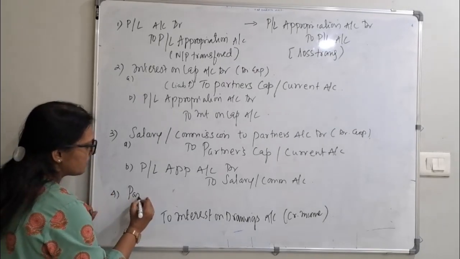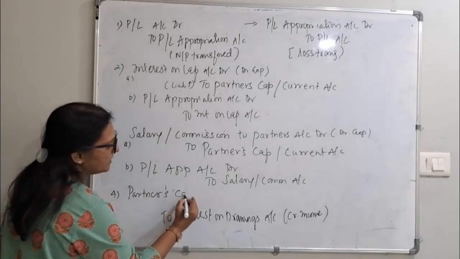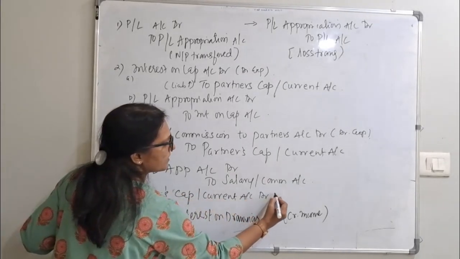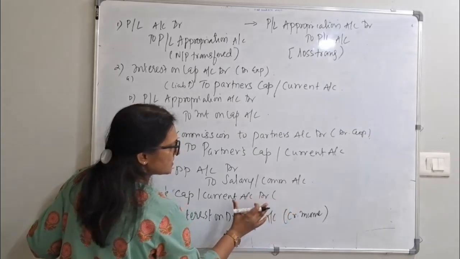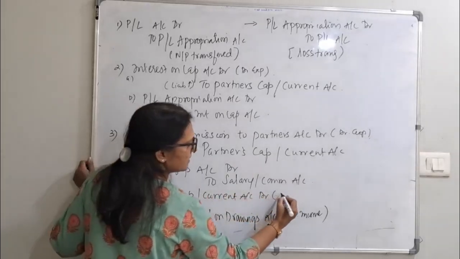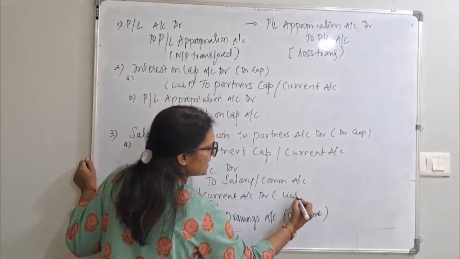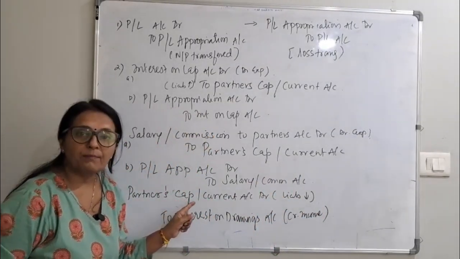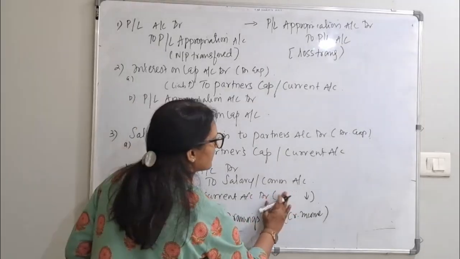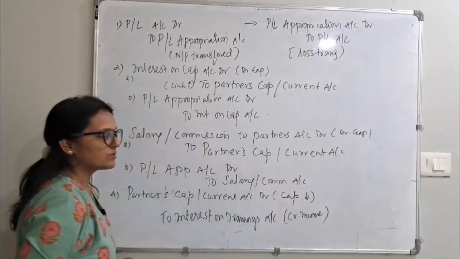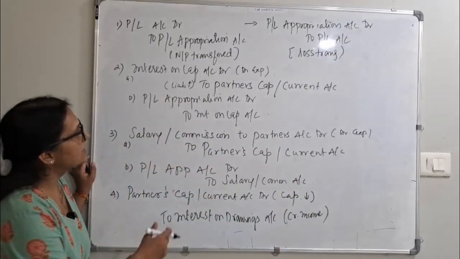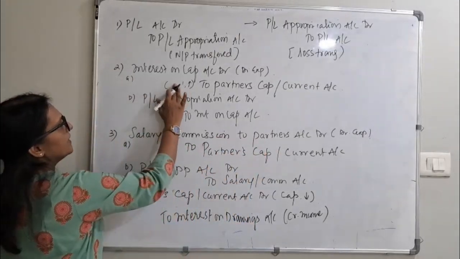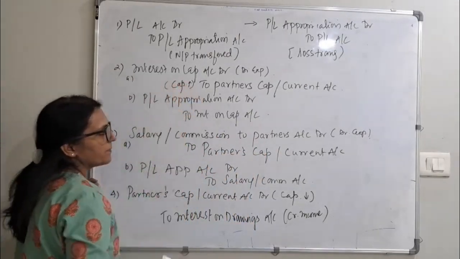So this will be partner's capital or current account debit, because their capital will be reduced. You are charging interest from them. Their partner's capital is reduced. Instead of writing liability, let me write it as capital. Their capital is decreasing.